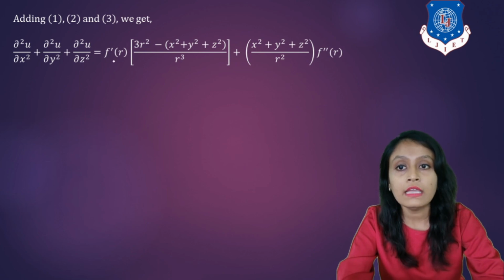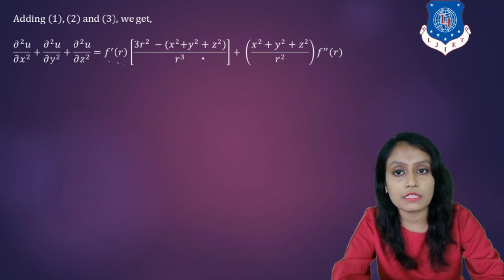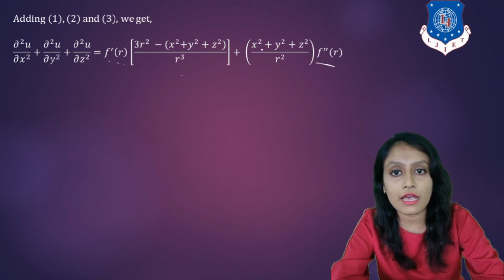So adding, and we have to take f'(r) common. So you will get ∂²u/∂x² plus ∂²u/∂y² plus ∂²u/∂z² equals f'(r) into (3r² minus (x² plus y² plus z²)) upon r³, plus, from the next term, (x² plus y² plus z²) upon r², where we take f''(r) common.